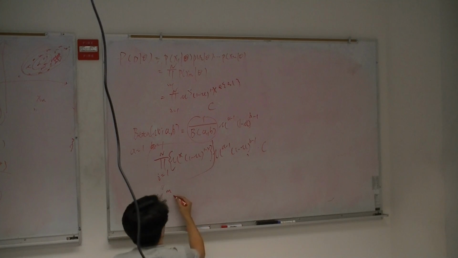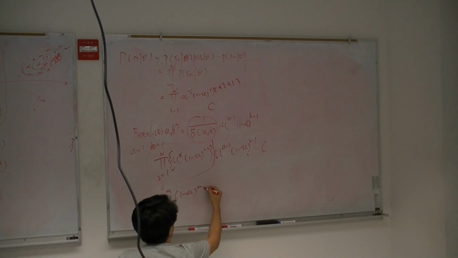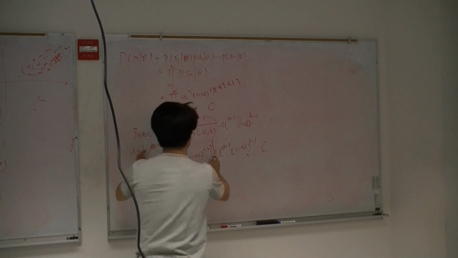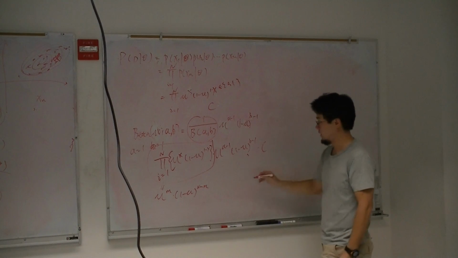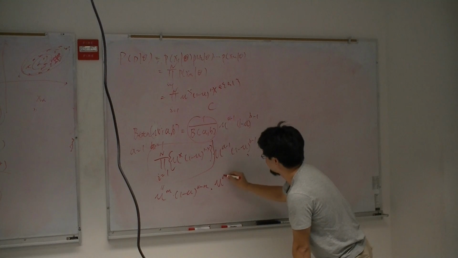And this is equal, and times the probability of tails, which is n minus m. So then we don't have this multiplication property, and then we can move this form here.